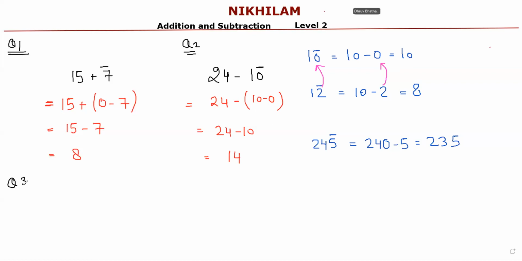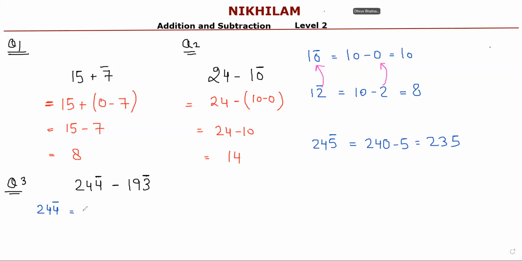Question number 3. Let's say you have to do 244 with the bar over only the last 4, minus 193 with the bar over the last one. So let's go step by step. Let me do the first number, that is 244 bar.